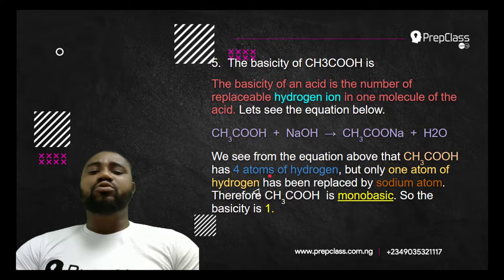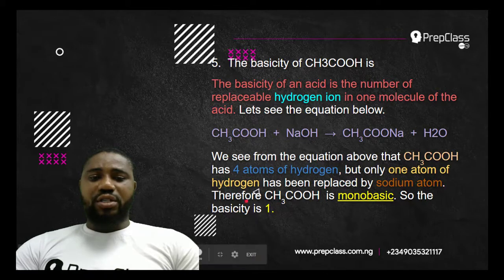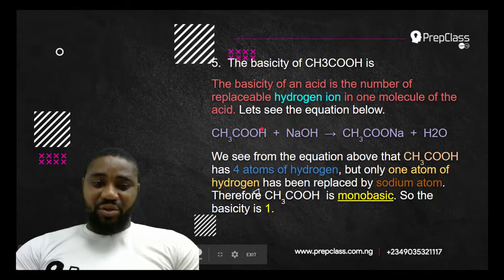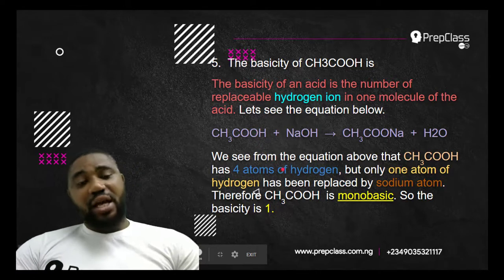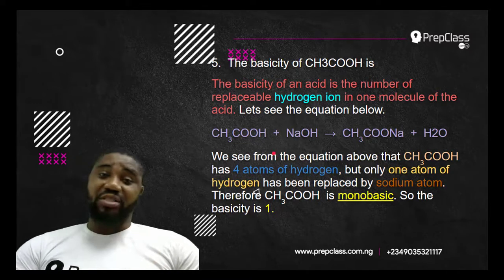Now, we see from the equation above that CH3COOH has 4 atoms of hydrogen, but only 1 atom of hydrogen has been replaced by a sodium atom. So therefore, CH3COOH is monobasic. So the basicity is 1. Because only 1 hydrogen has been replaced, the basicity is 1. Like in H2SO4, 2 hydrogen atoms are usually replaced, so the basicity is 2.